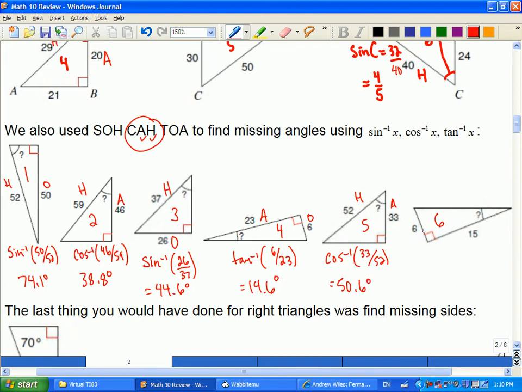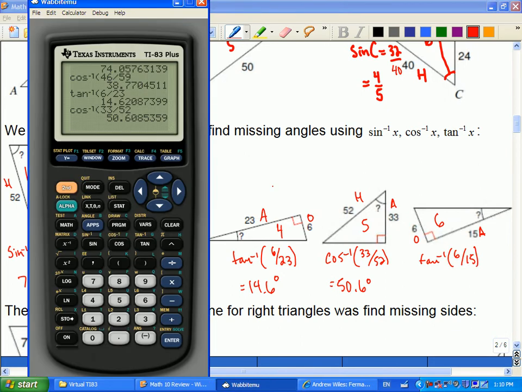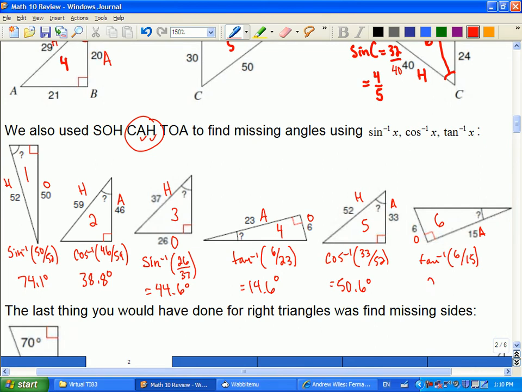And then the last one, again, I have opposite and adjacent, so I'm going to be using the inverse tangent of 6 out of 15. And that's 21.8.